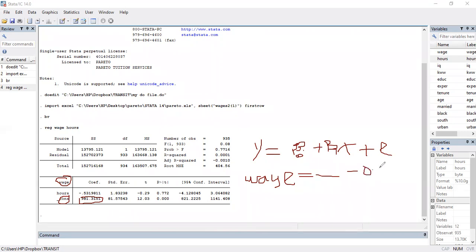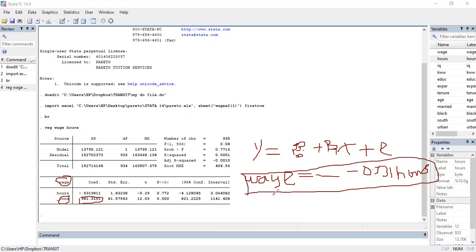So we have 0.5 hours. As soon as you take this regression model, you are able to know which one is the dependent variable, which one is the independent. This is the constant, the y-intercept, and this is the slope of the model, the coefficient of the independent variable. Is that okay?